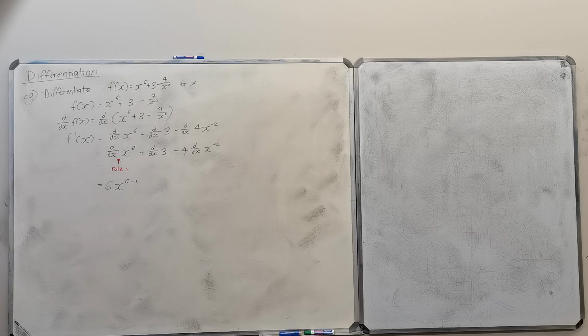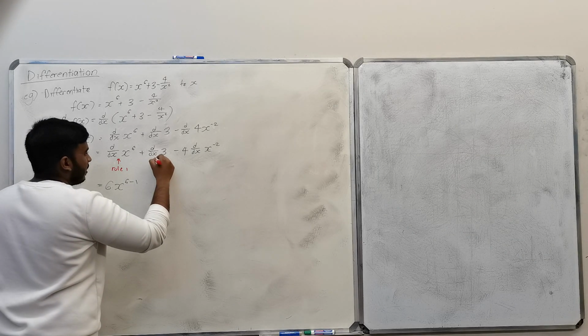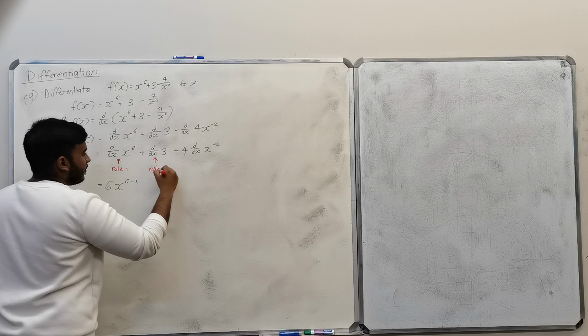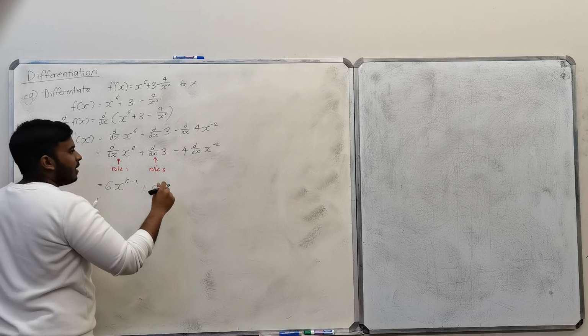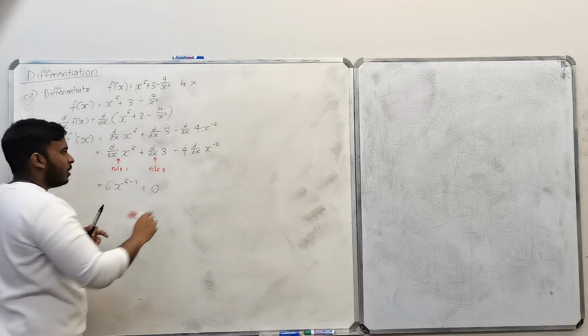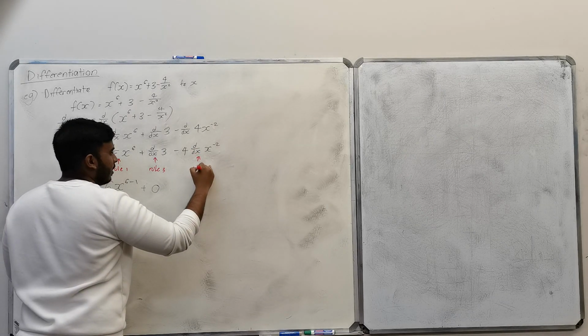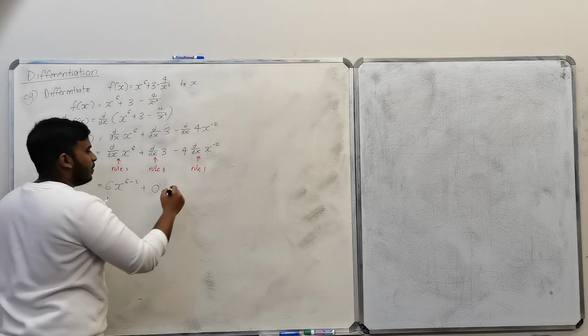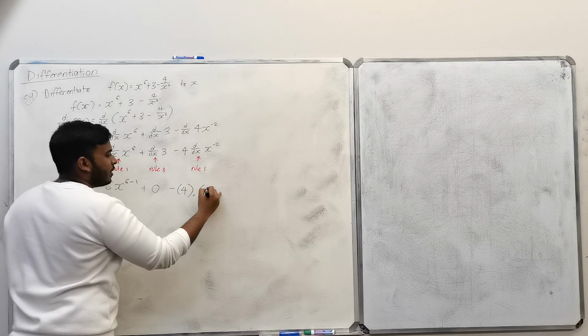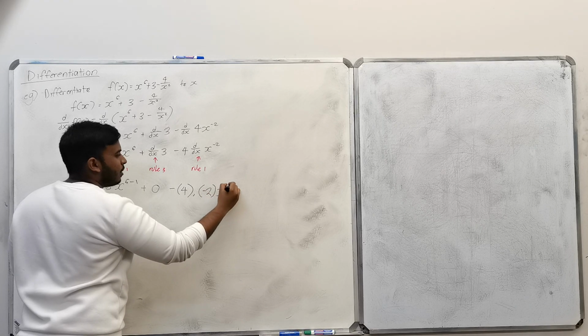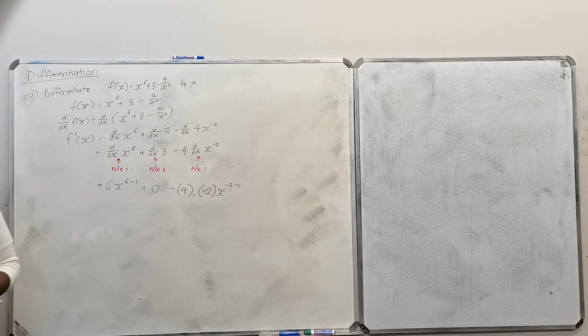Rule 3, which is 0. And in here would all be which rule? Rule 1 again. So this would be minus 4 times minus 2, minus 2 x to the power minus 2 minus 1. With me, right?